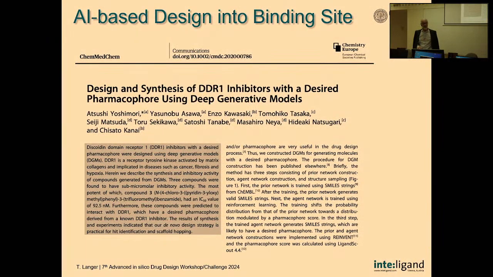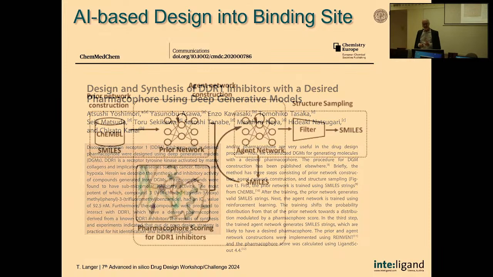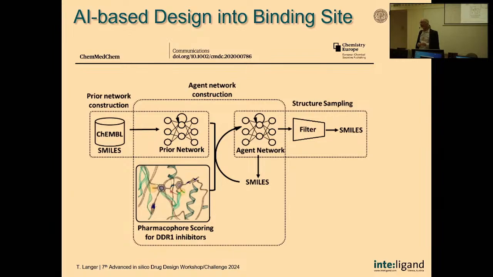And another paper from a Japanese group that I really like a lot is this paper here, the design and synthesis of DDR1 inhibitors using deep generative models for generating new compounds. So what they did is they used the REINVENT molecule generator.